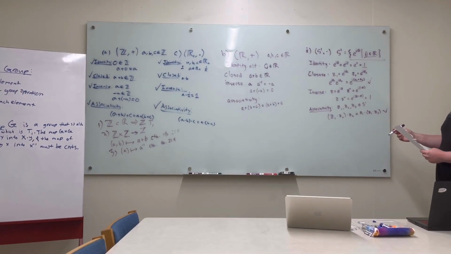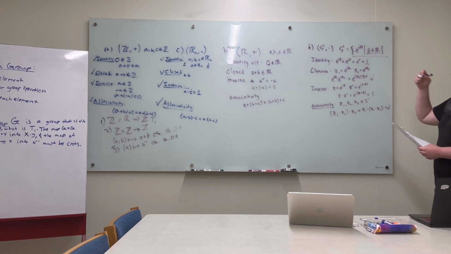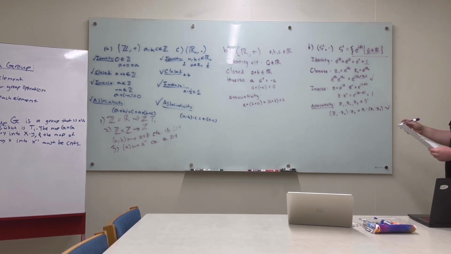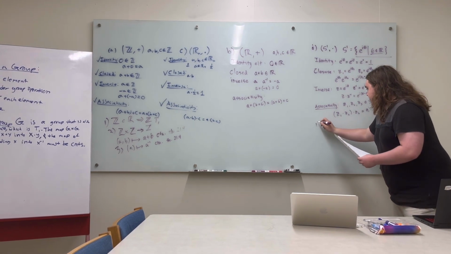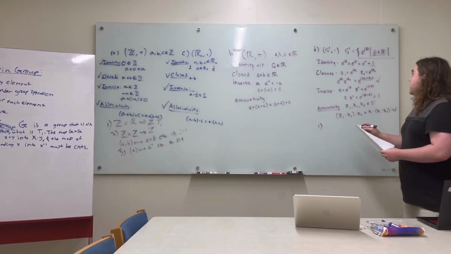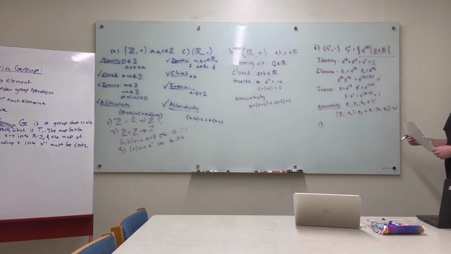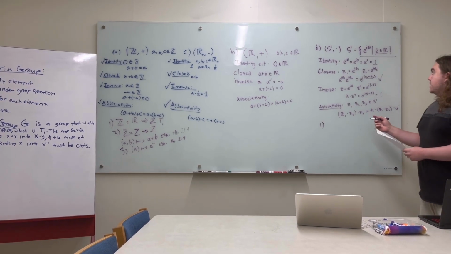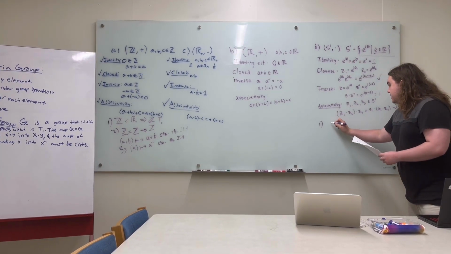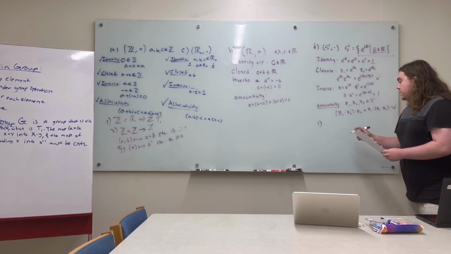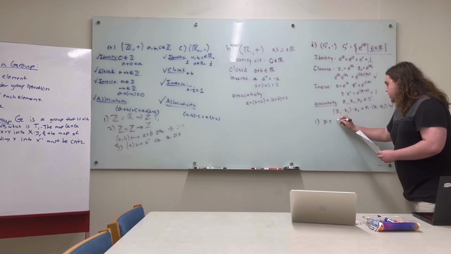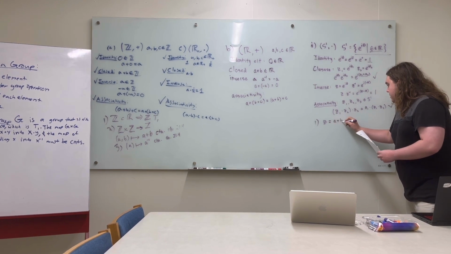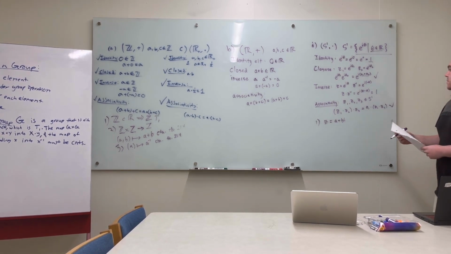Okay, so now we need to show that S1 with multiplication is a topological group and not just a group. So the first condition, we need to show that S1 is T1, and it helps to think of S1 as a subset of the plane, because any number Z in S1 can be written in the form a plus bi.